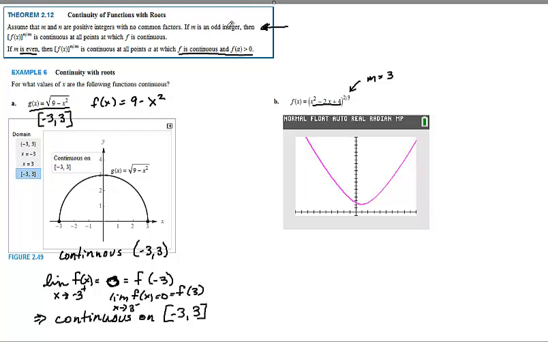If m is an odd integer, then my entire function is continuous at all points at which f of x is continuous. Since it's continuous on this polynomial, it is continuous on the entire domain due to the fact that there's a polynomial on the inside function and the odd root, of course.